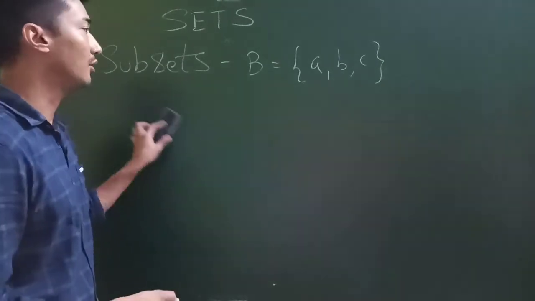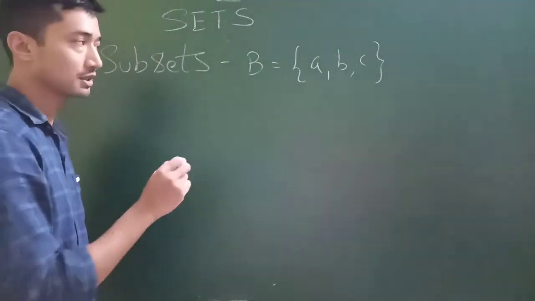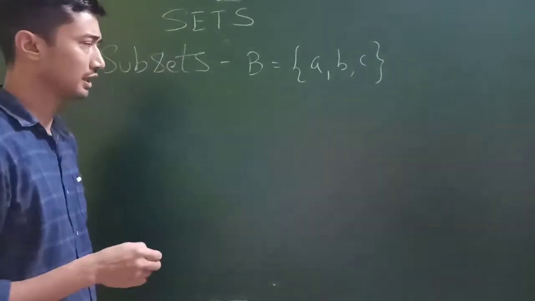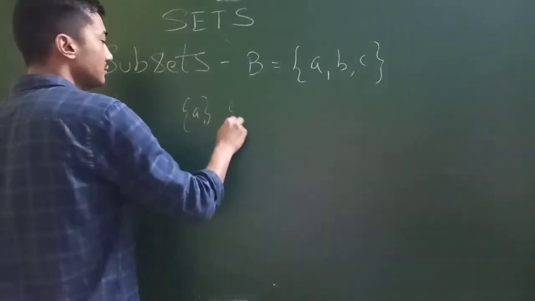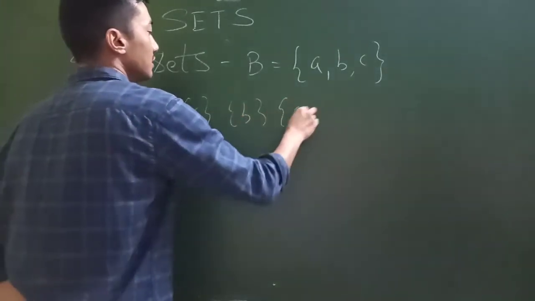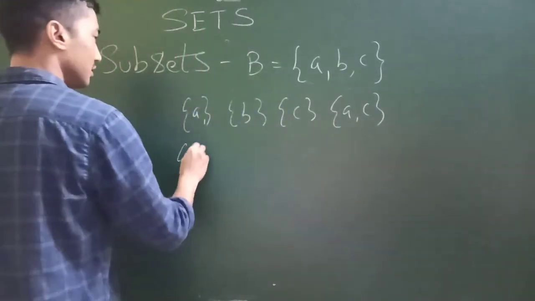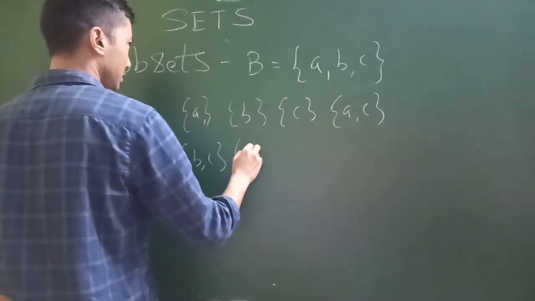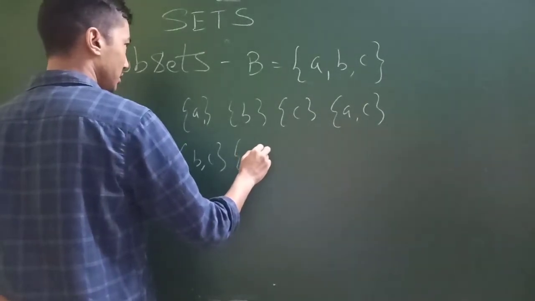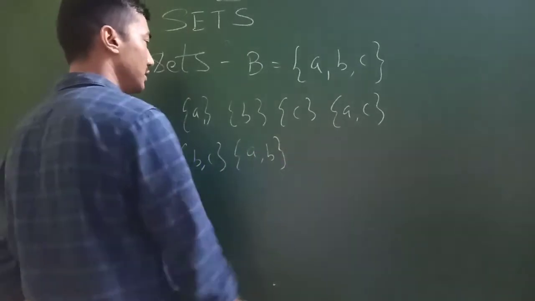Now going back, how many subsets can we make up? I have more to discuss on subsets, but before that, let's study this. Look, {A}, {B}, {C}, {A, C}, {B, C}, {A, B}.